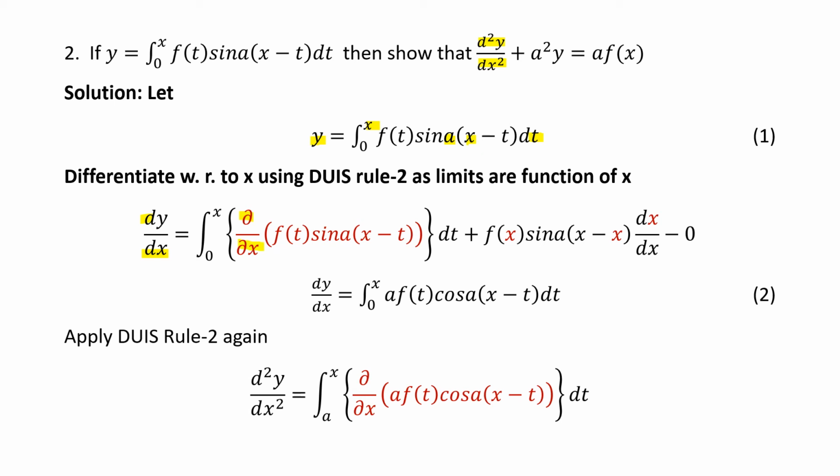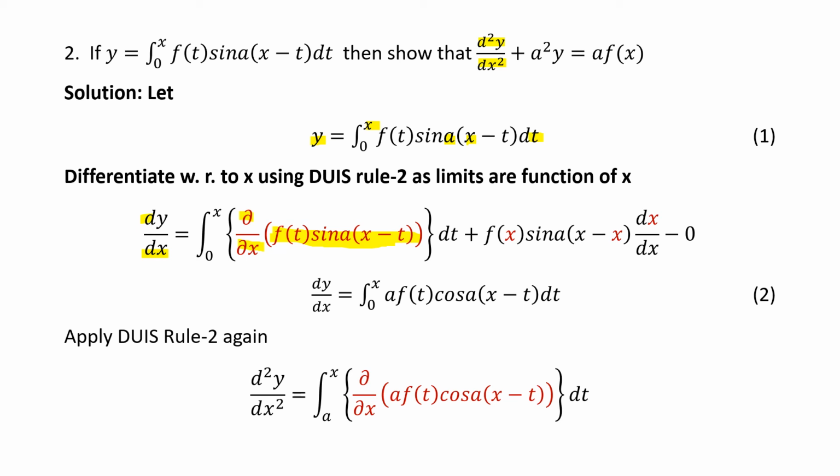So you are getting integral 0 to x del by del x of the whole function, that is f of t sine of a into (x minus t) dt, plus here in place of t we have to put the upper limit.